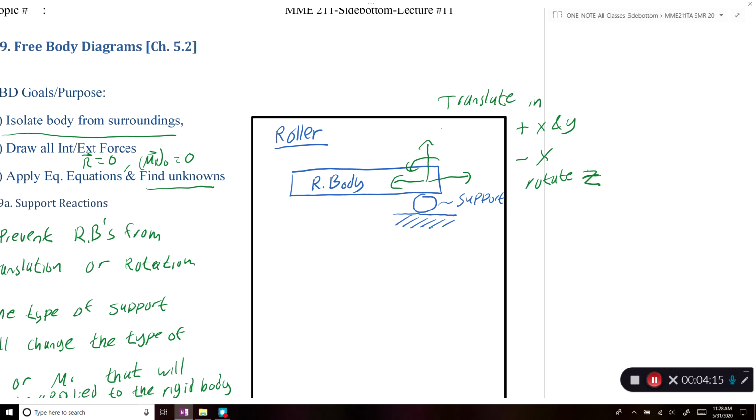Negative y is what's missing. Since it cannot move along the negative y-axis, we can say that the roller support would prevent translation along that direction. It would apply a force that would resist that motion. So this would be our supporting force.